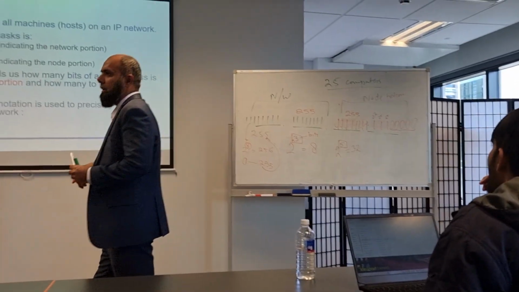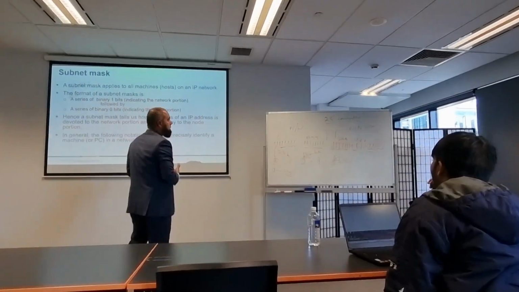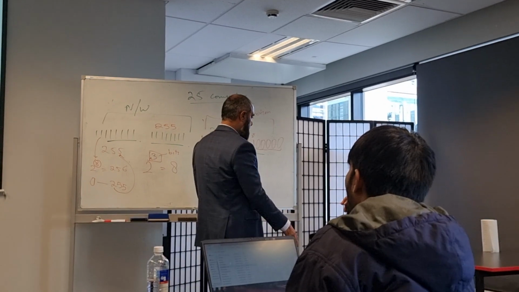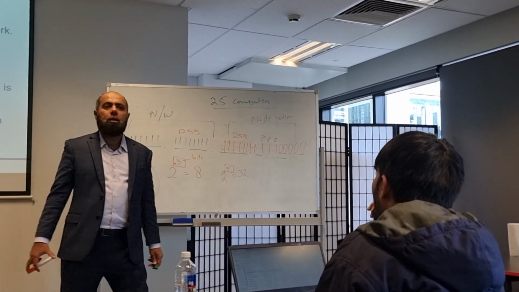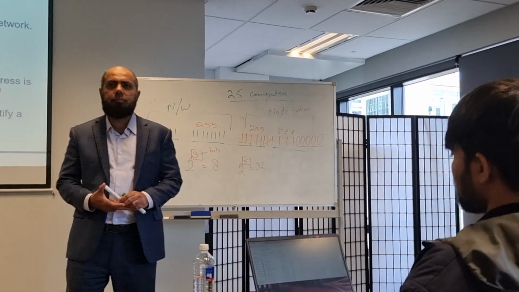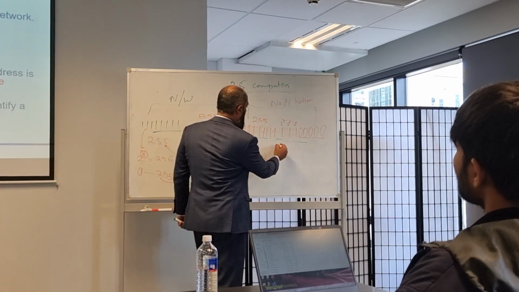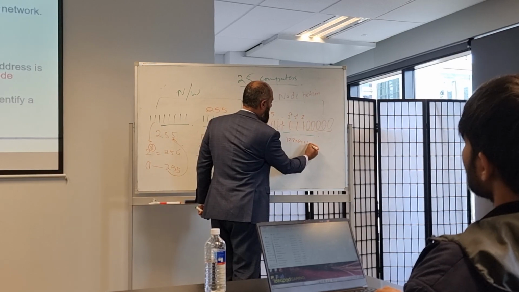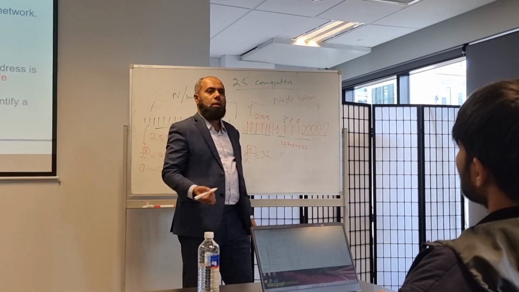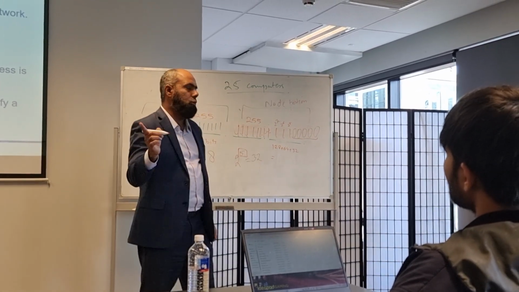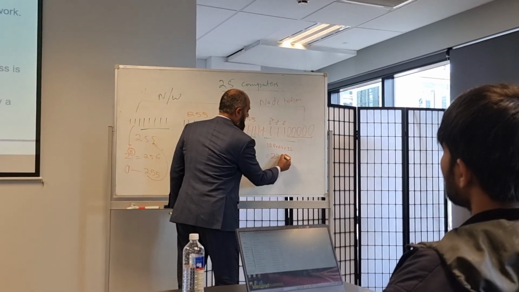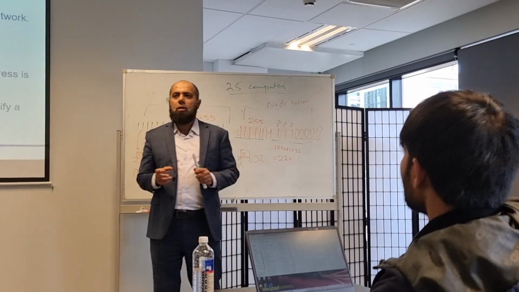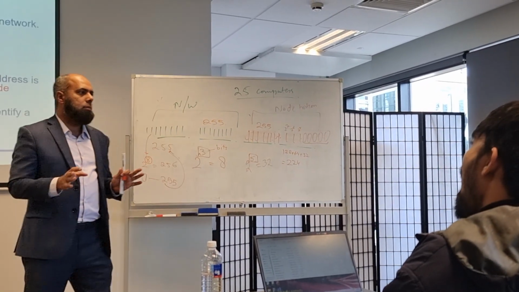Check it correctly. 128 plus 2 power 6, which is 64, is 192, plus 2 power 5, which is 32, is 224. This is 224.